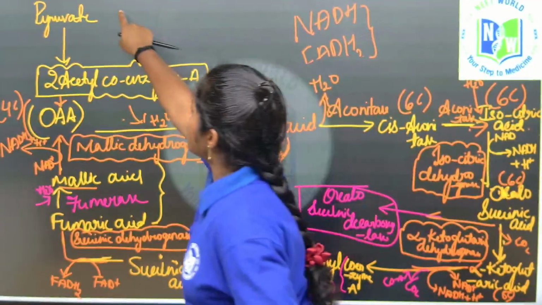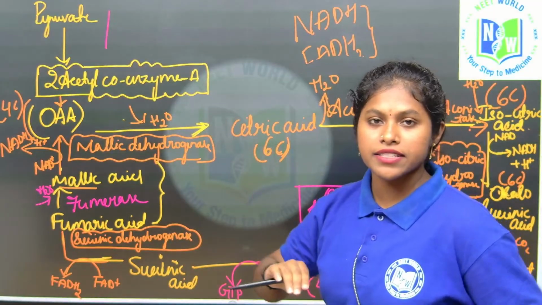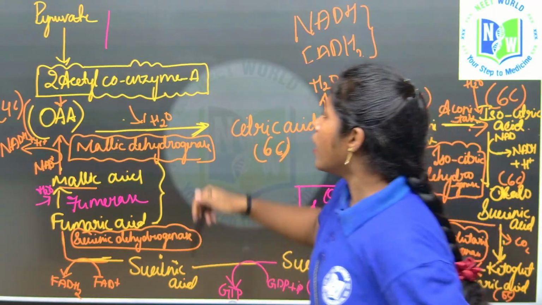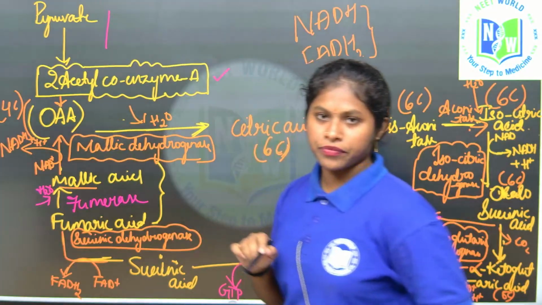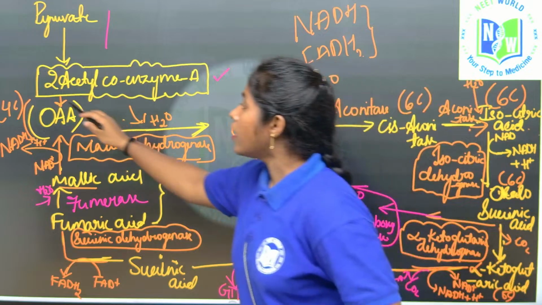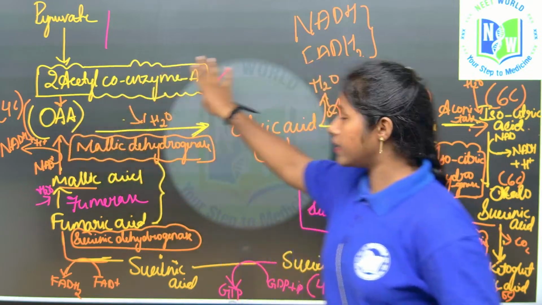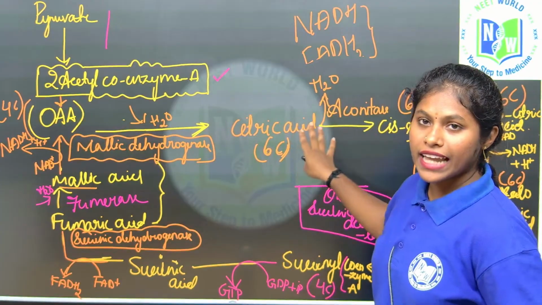So first, oxidative decarboxylation happens in the mitochondrial matrix. In that, pyruvate is converted into acetyl coenzyme A. Then the acetyl coenzyme A is welcomed by the oxaloacetic acid. So this oxaloacetic acid gets converted into citric acid.